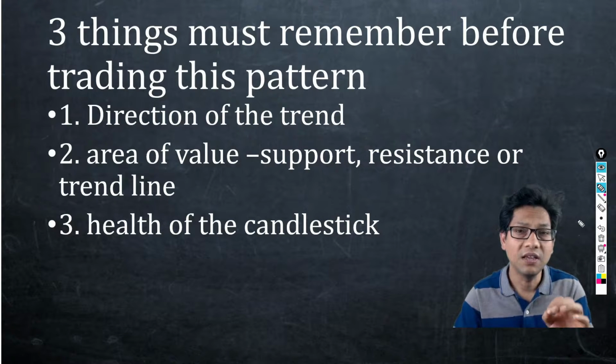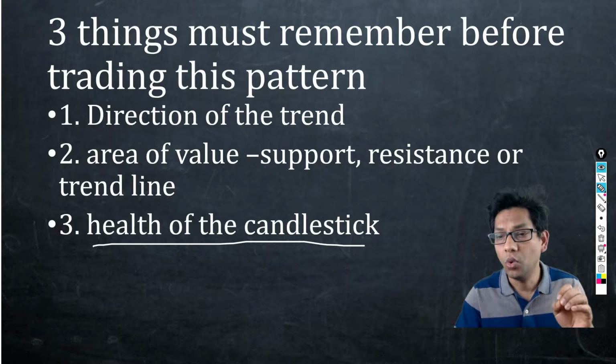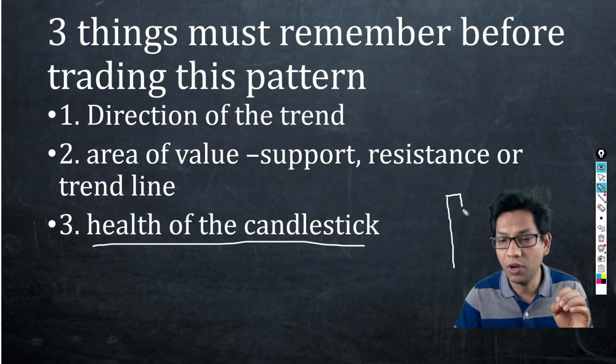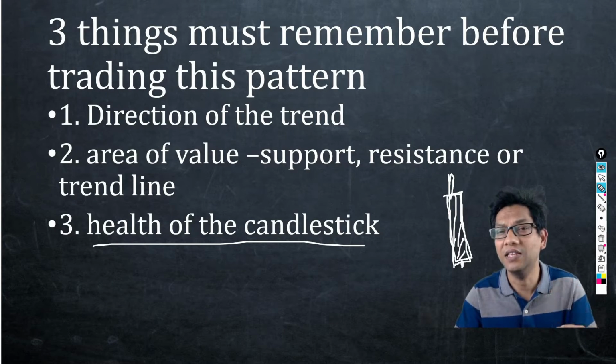The third thing that you need to remember is the health of the candlestick. So when you see a candle like this, say for example a bullish candle, a small wick at the bottom, a little bit of wick at the top, whole body green, a bullish candle or bullish engulfer, that is a healthy candle.